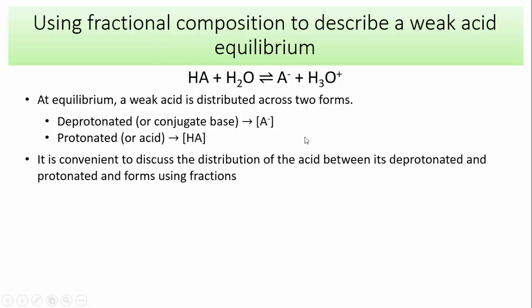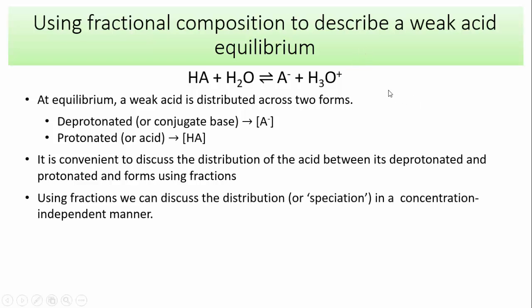It's convenient to use fractions to discuss how much of the acid is in deprotonated and protonated forms. Why fractions? Because once we get used to using fractions to talk about those concentrations, we can discuss the speciation in a concentration independent manner.